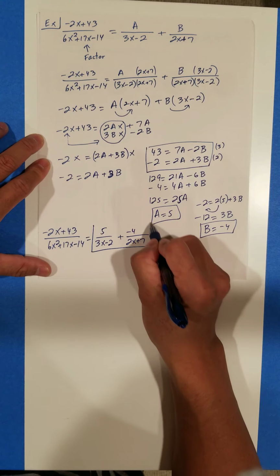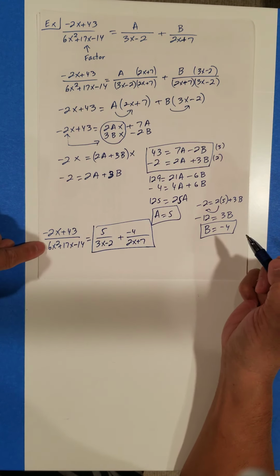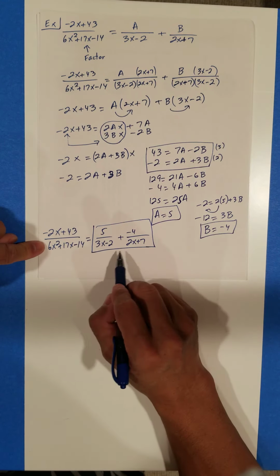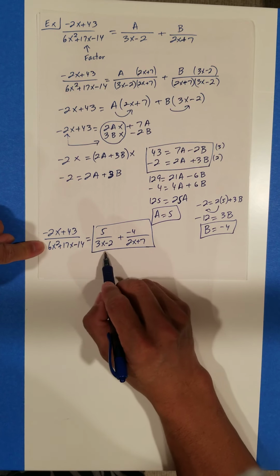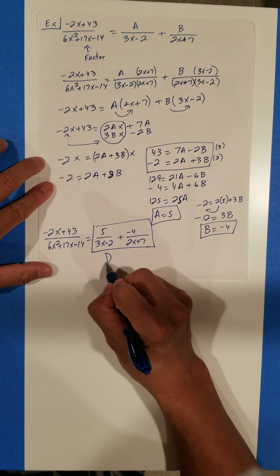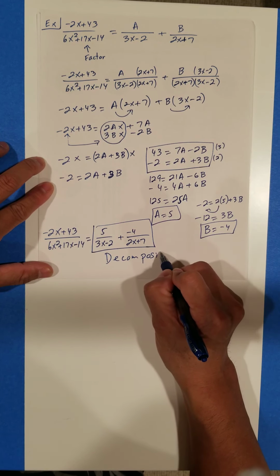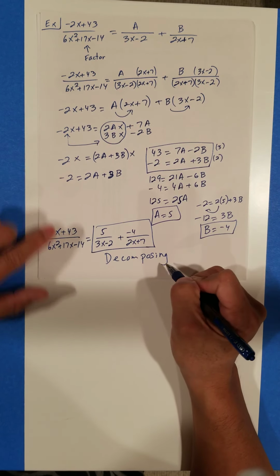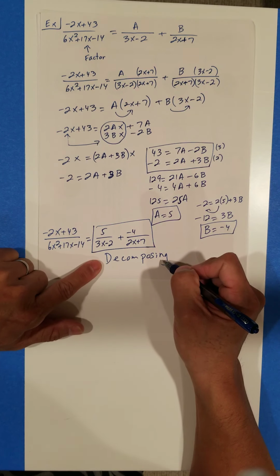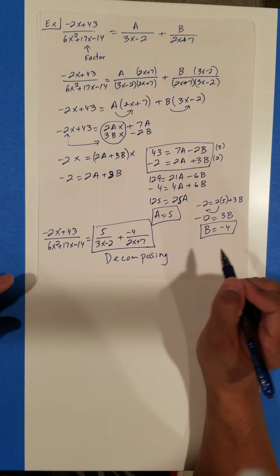So here's my answer. What we did was we took the original fraction and we broke it down into two smaller fractions. That's the idea. We are decomposing. That means, hey, break it down. All right, have fun with your other problems.